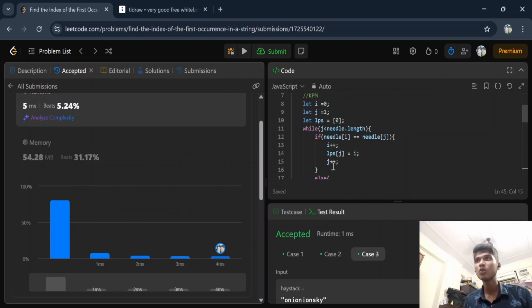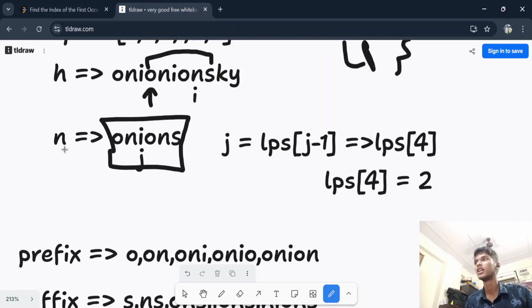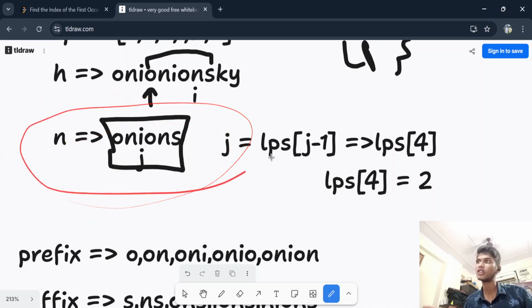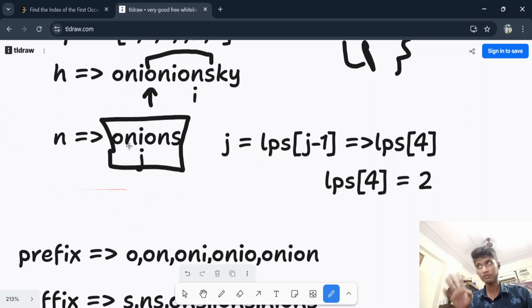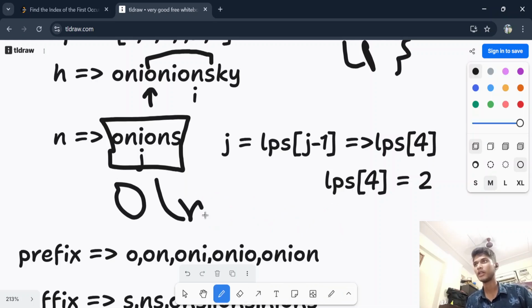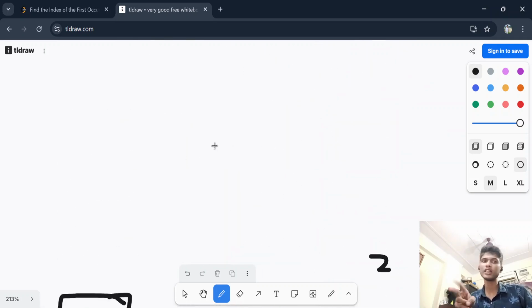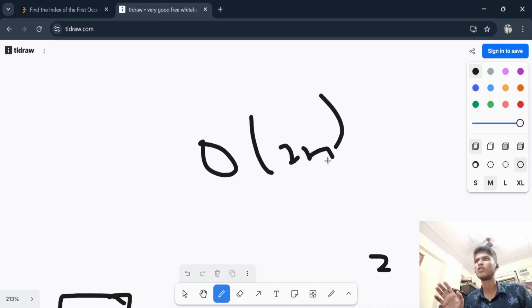See, this while loop is happening in n dot length. If the length of n is equal to m, our first while loop will go O of m times, and then checking will happen in O of n times. So O of m plus n, and if both lengths are equal, then it is O of 2n, which is O of n.